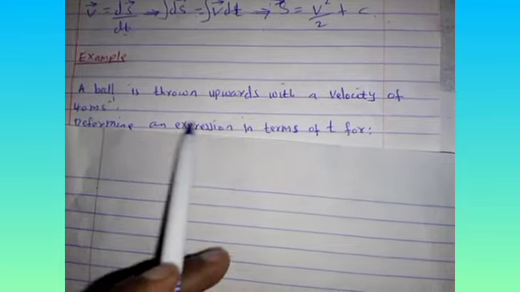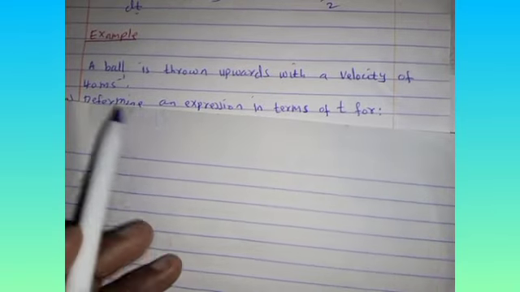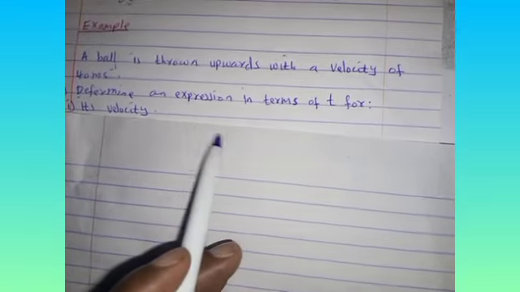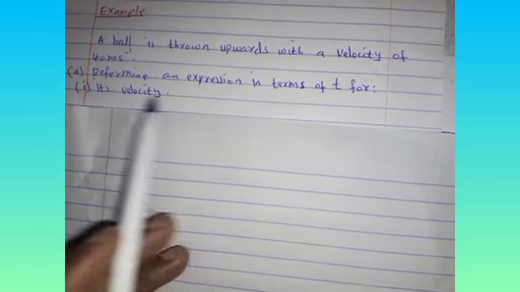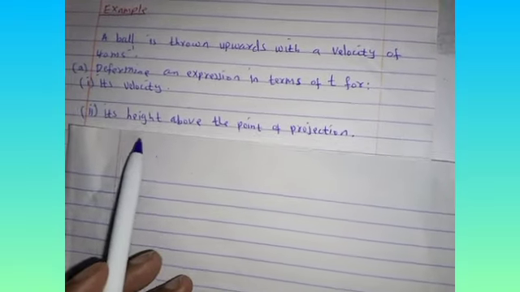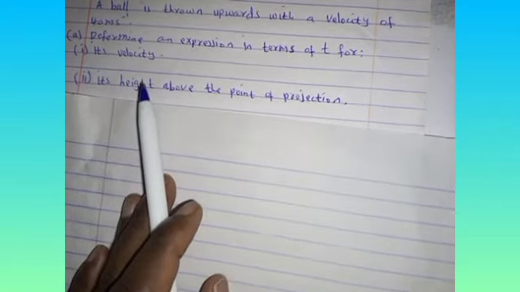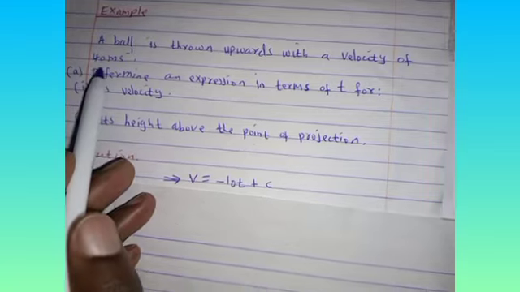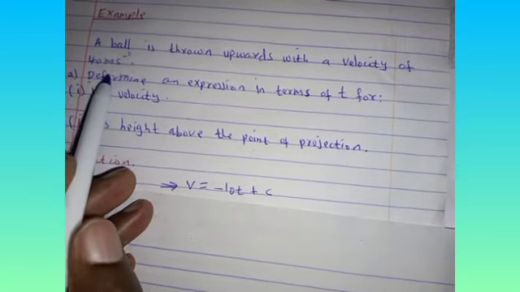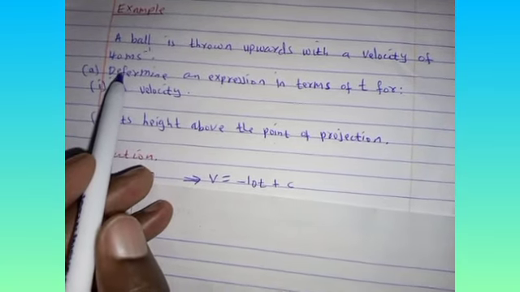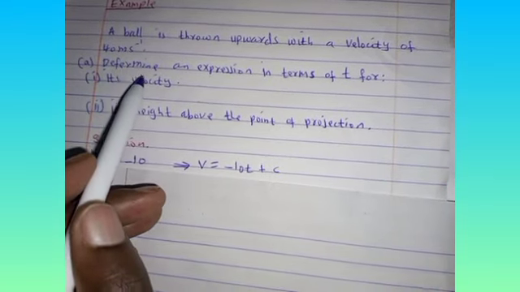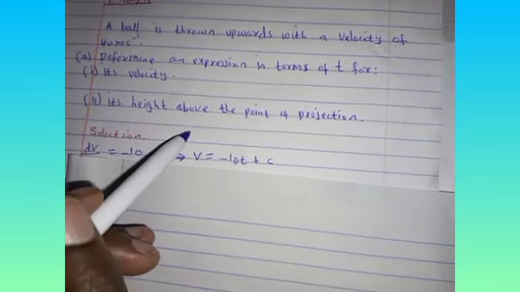A ball is thrown upwards with a velocity of 40 meters per second. Determine an expression in terms of t for its velocity, and its height above the point of projection. Now, here what you need to understand is that whenever you throw an object upward, the acceleration is negative because that object is moving against the gravity.